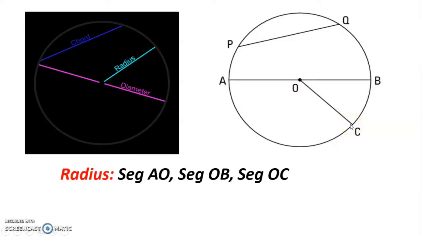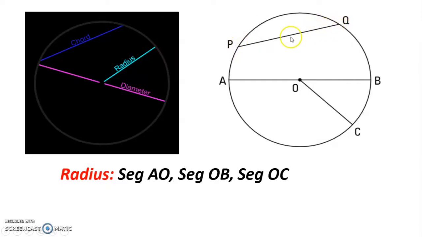Now we'll see the chords. What was the definition of a chord? A chord is a line joining any two points on the circle. So this is one point and this is another point.